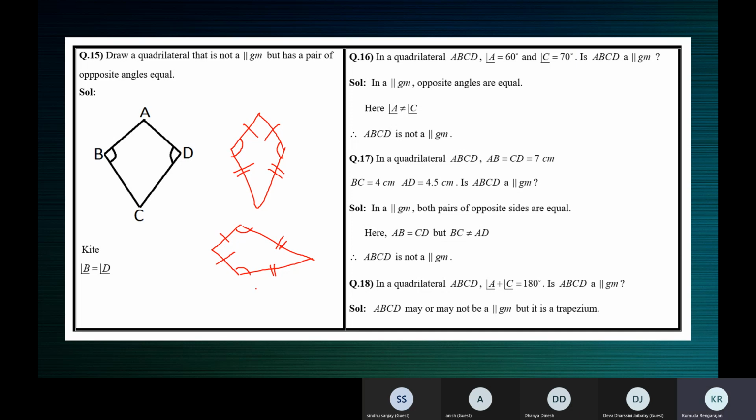So a kite is a quadrilateral which is not a parallelogram because there are no parallel lines. It's not even a trapezium. But one pair of opposite angles are equal.